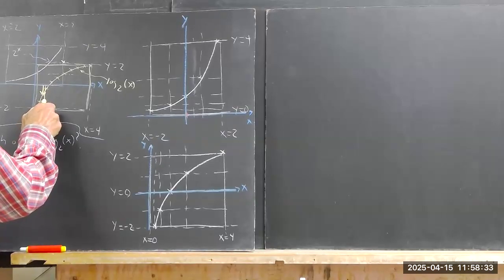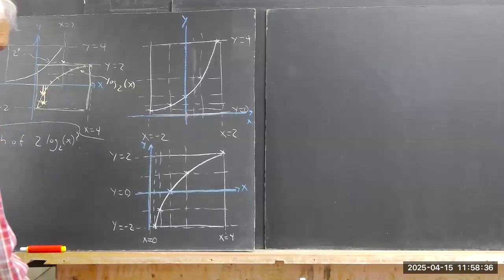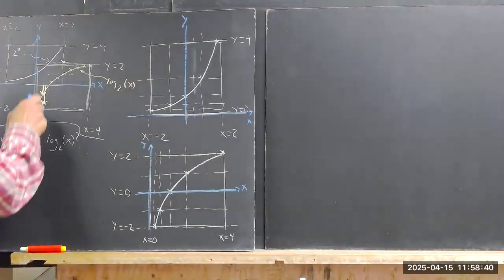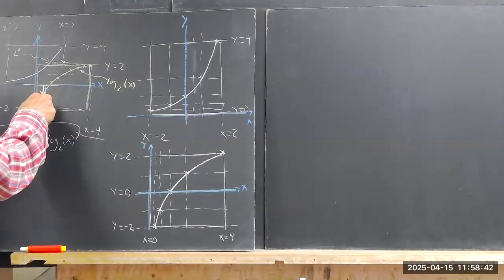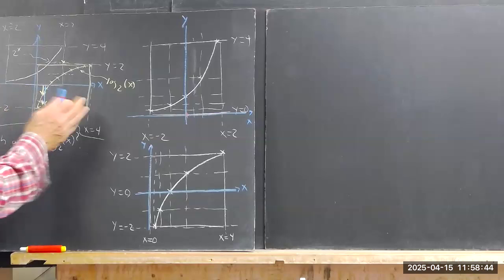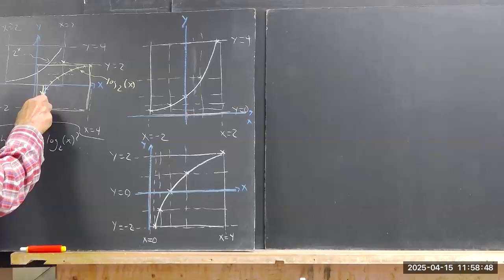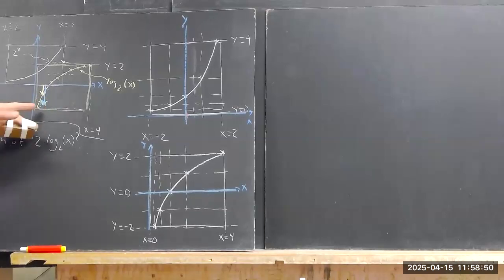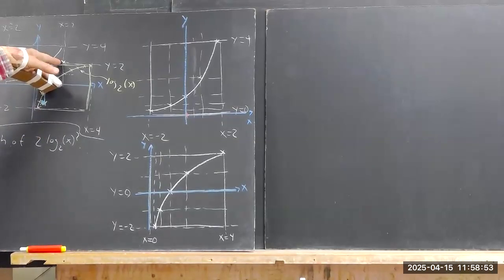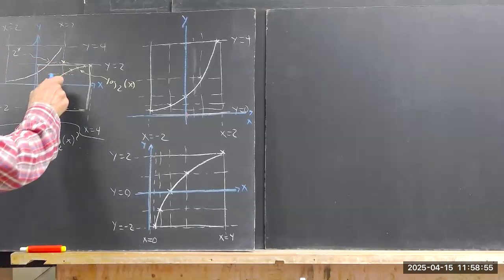So here would be a point. I really ought to switch colors. If I double the length of this arrow, now I've offset it a little bit to the right, the actual point on the graph would be about here. There's a point on the log 2 graph. Here's a point on the log 2 graph.